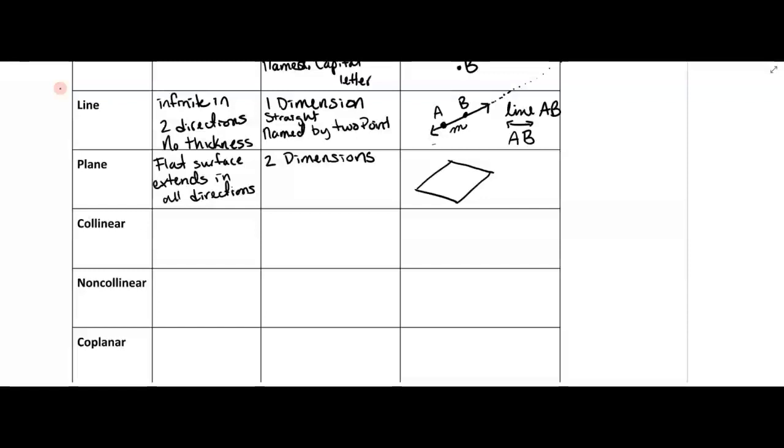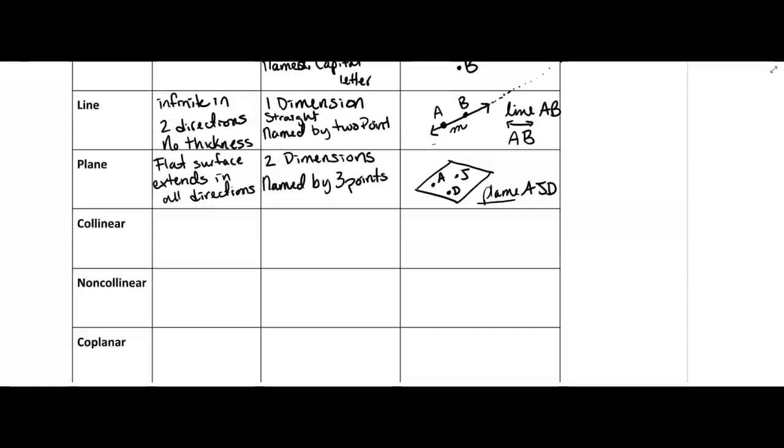And we name a plane by 3 points. I'll draw that a little neater. By 3 points. So for instance, this might be plane A, J, D. We don't really have a shortcut symbol for this, so we always write out the word plane.